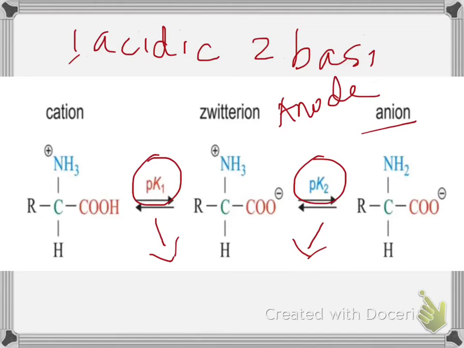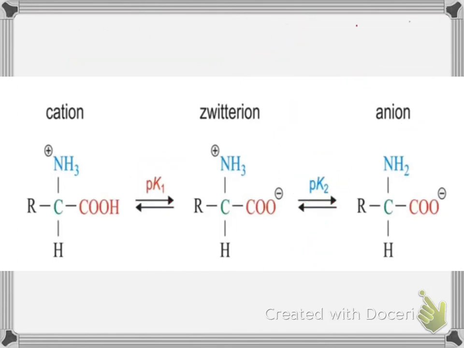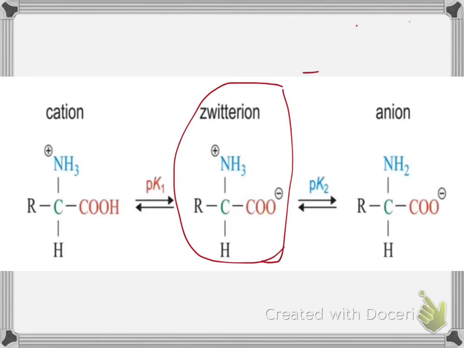Now coming to the isoelectric point. What is the isoelectric point? At a particular point, this zwitterion does not move to the cathode or to the anode. The zwitterion does not move to any of the electrodes.